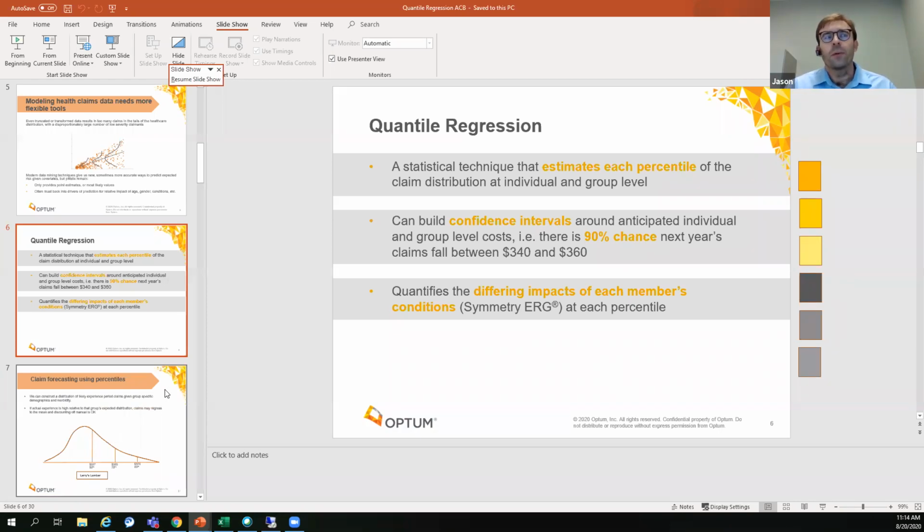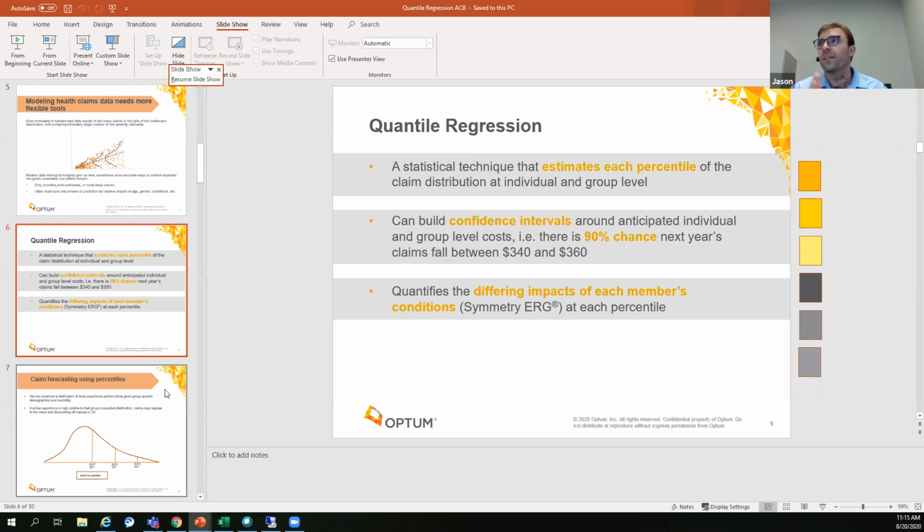So kind of recapping what we've talked about so far, quantile regression is a statistical technique that allows you to estimate each percentile of that claims distribution at both the individual and group level. The key advantage is that it allows you to build confidence intervals around anticipated future costs.